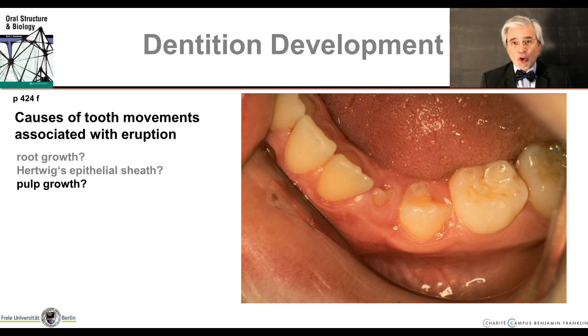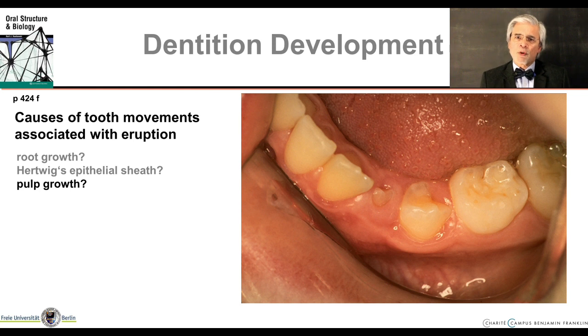Unfortunately, this was also wrong because the pulps were removed experimentally, which means root fillings were made. And then the teeth did emerge as if nothing was wrong. So the presumed expansion pressure of the pulp is also not the motor for tooth eruption.